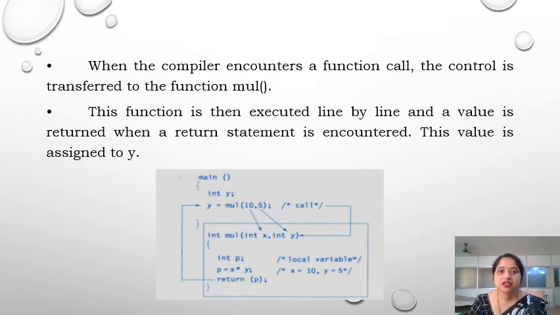When the compiler encounters a function call, the control is transferred to the function mul. The function is then executed line by line and the value is returned when a return statement is encountered. And that value will be assigned to the variable y.